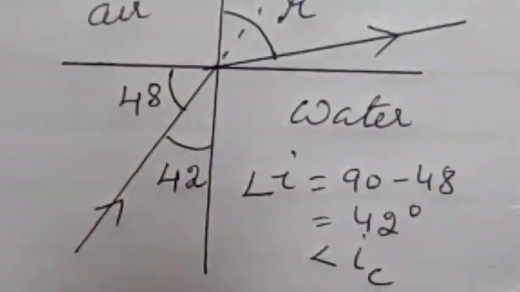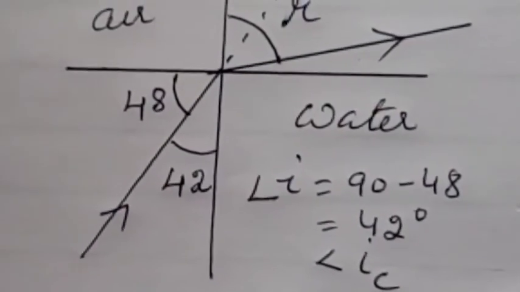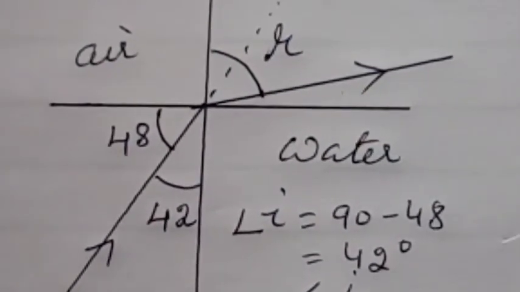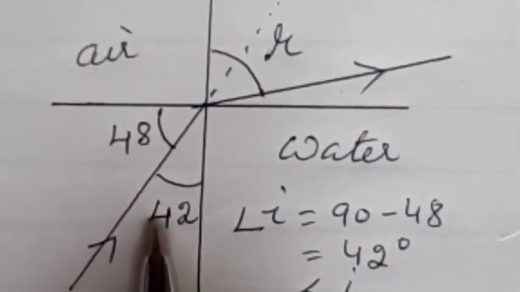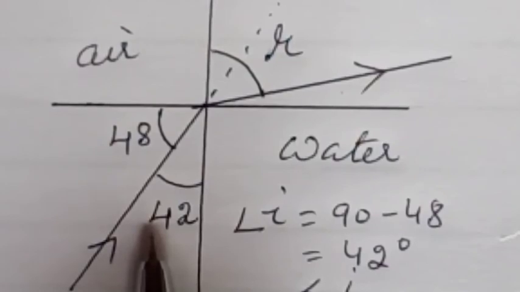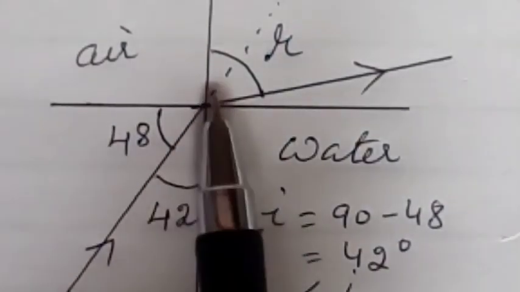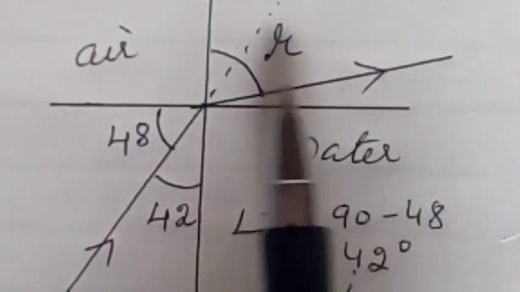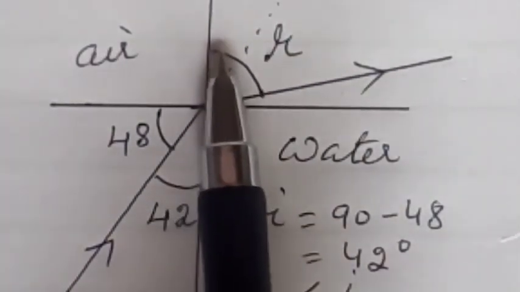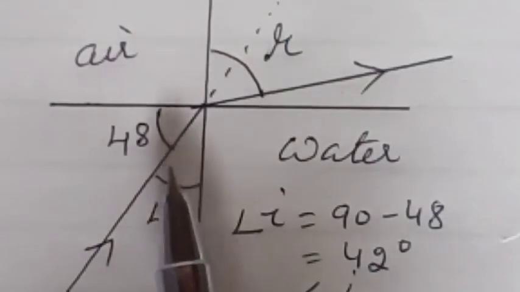48 degrees. Now, since the angle of incidence is less than the critical angle, 42 is less than 48, the ray will move out into the air, it will get refracted, and since air is a rarer medium, the angle of refraction is going to be larger than 42.